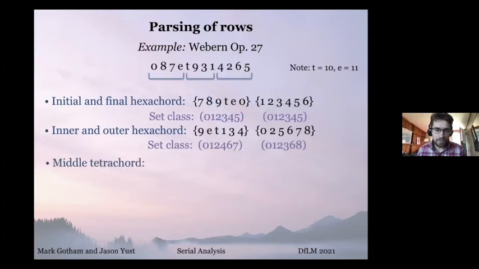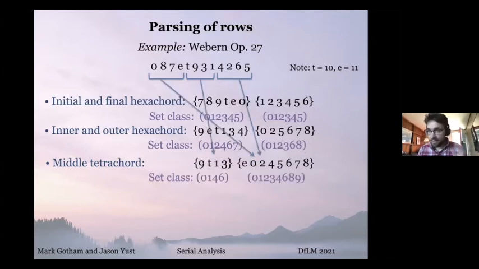We also looked at ways of doing this with tetrachord, octachord partitions. Again, because of this complementation property, I can just say this is characterized by the 0146 tetrachord. That happens to be one of the all interval tetrachords if you're keeping track. So the middle 4 pitch classes of Webern's row are an all interval tetrachord.